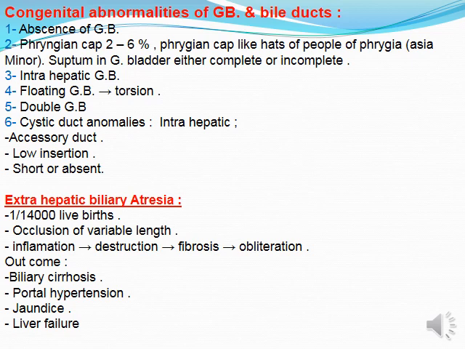It is occlusion of the biliary tree of variable lengths, starting with inflammation, leading to destruction, resulting in fibrosis, ending with obliteration. The outcome of this anomaly: 1 biliary cirrhosis, 2 portal hypertension, 3 jaundice, and lastly liver failure.